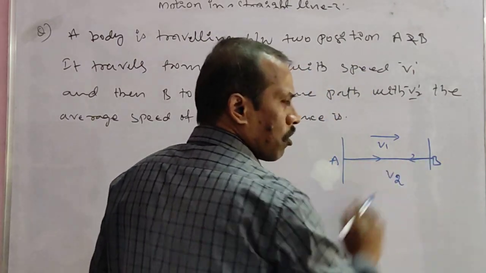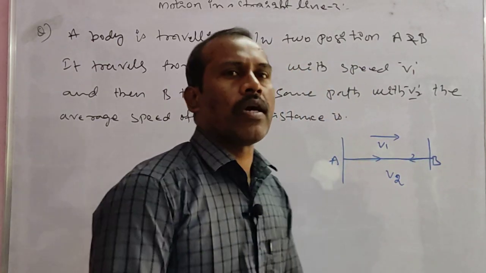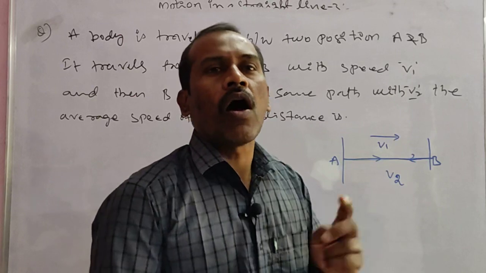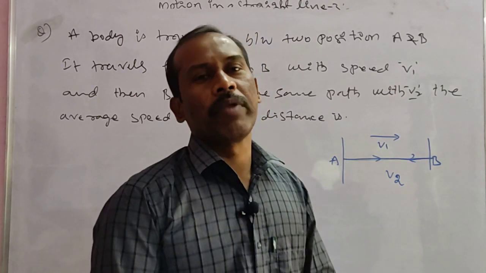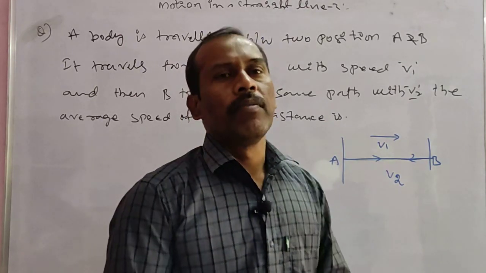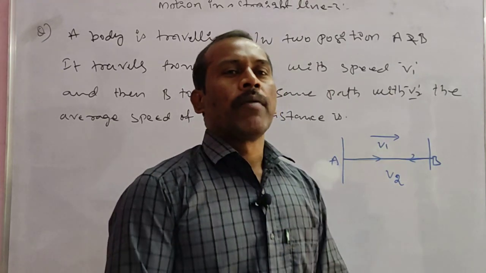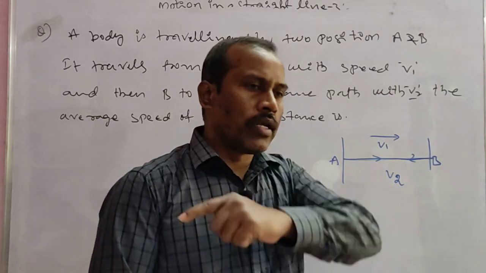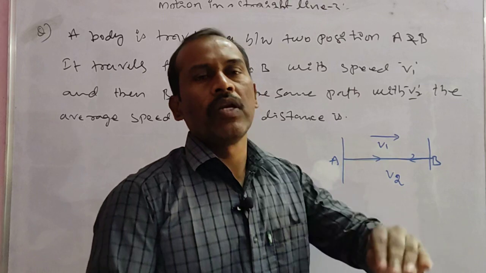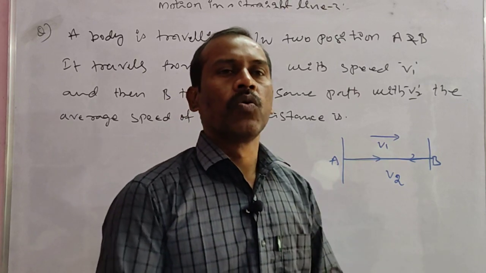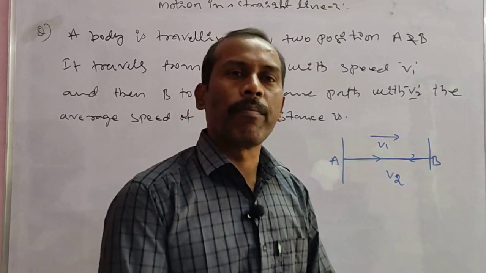So in this case the displacement is AB, half of the displacement as in the previous problem. So same problem: the average speed of the particle over the total distance between two positions is equal to 2v1 v2 by v1 plus v2.